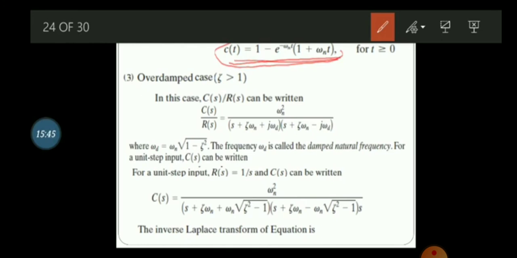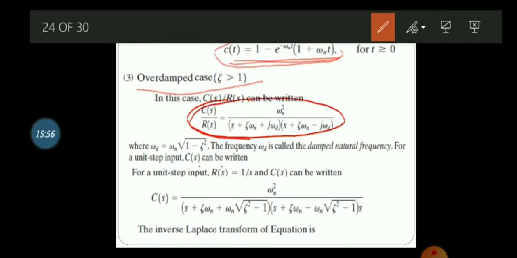Now let me consider one more case, that is the overdamped case, that is zeta greater than 1. Again, just consider the standard form of the transfer function of the second order system. Here again, consider the unit step input, that is r of s is equal to 1 divided by s.